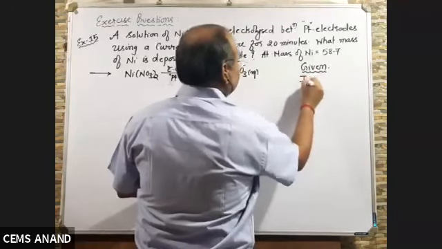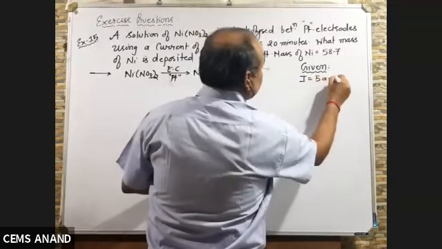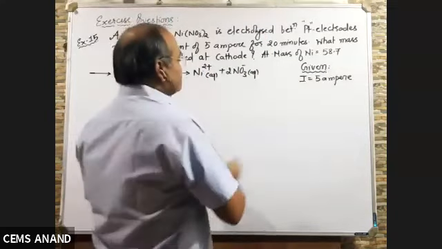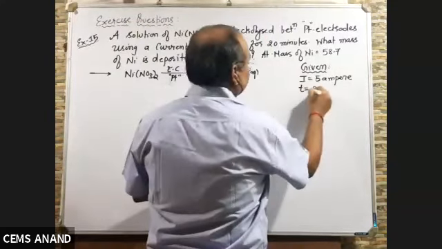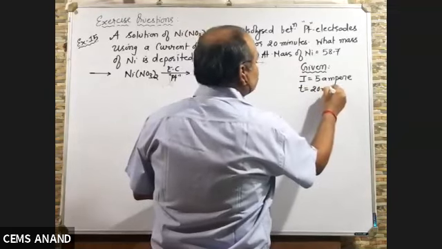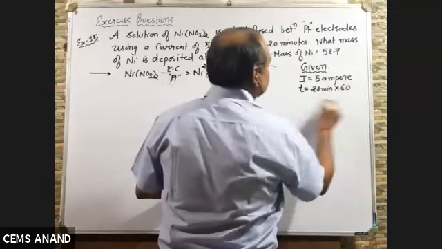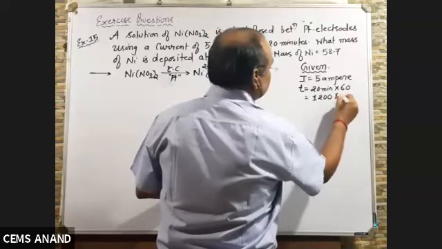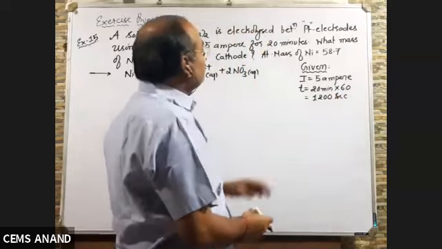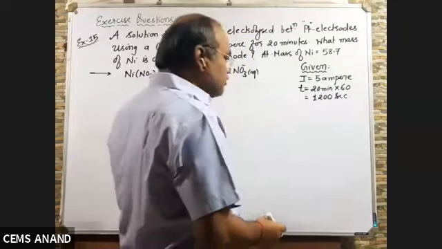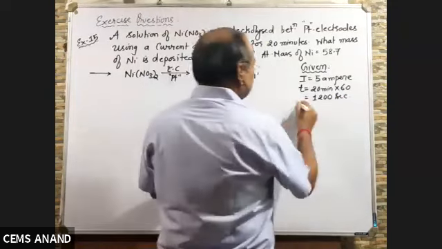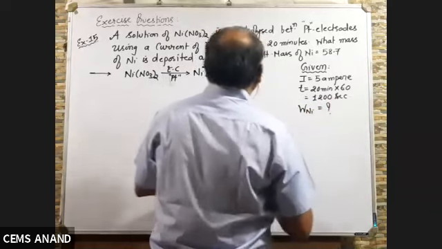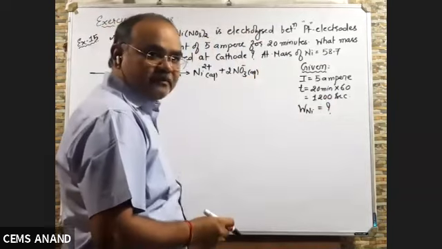Given is I, 5 ampere. For 20 minutes, time is given. Convert it into seconds, multiply by 60, so 1200 seconds. What mass of nickel is deposited at cathode? Mass of nickel means weight of nickel is asked. Atomic mass is given.